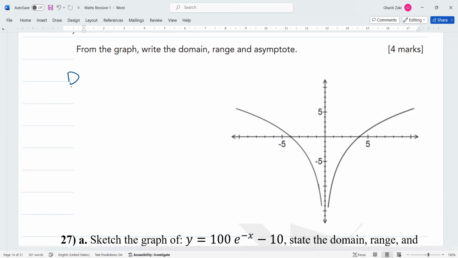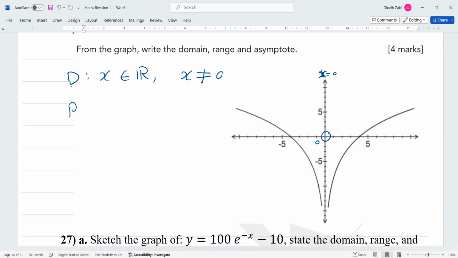The domain, denoted by D, all the values of x except this value, 0. So x equals 0 is the asymptote. Okay, it is a vertical asymptote. Then the domain is x belongs to R, but x not equal 0.